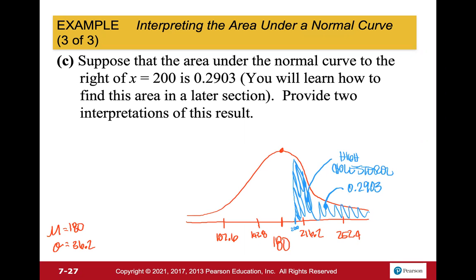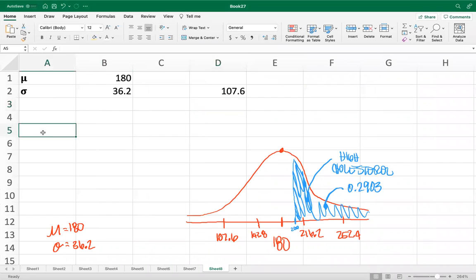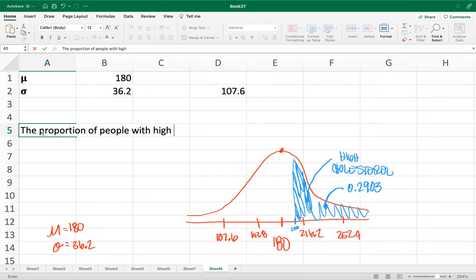Of course, we will provide 2 interpretations of the results. So I kind of don't want to physically write everything, so we'll put it over here. 2 interpretations. So we could say the proportion of people with high cholesterol is approximately 0.2903.